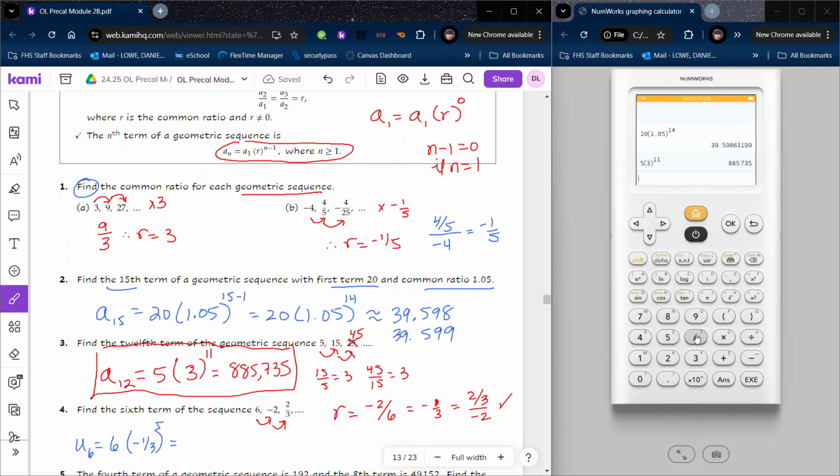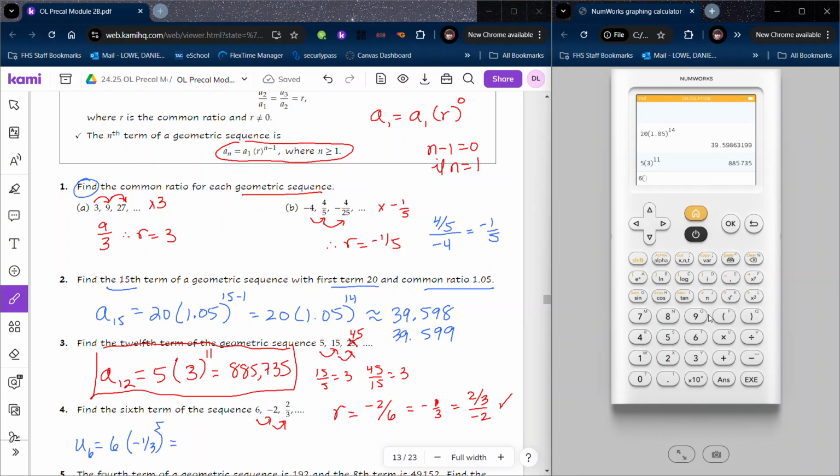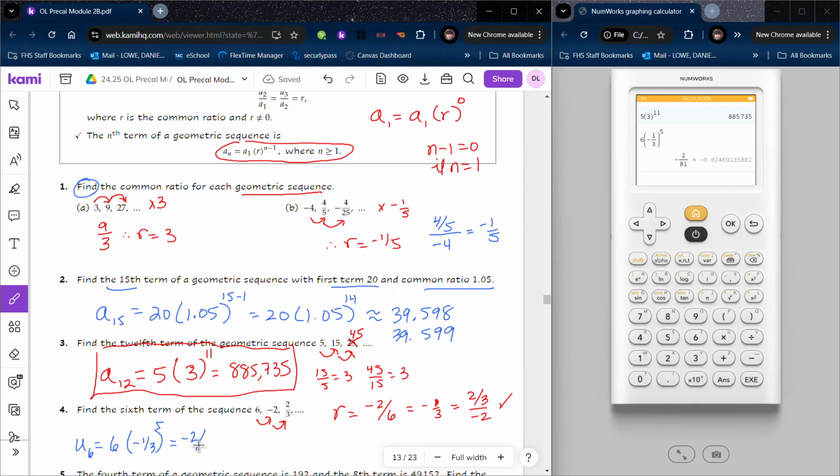Using my calculator, 6 times my ratio, -1/3, raised to the 5th power, gives me -2/81. That's an exact answer, and that's fine to give.